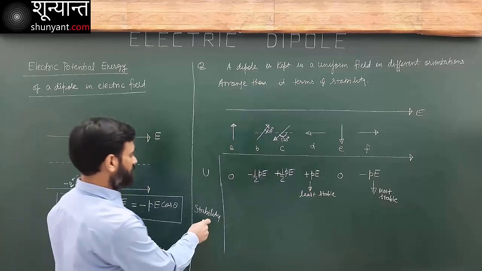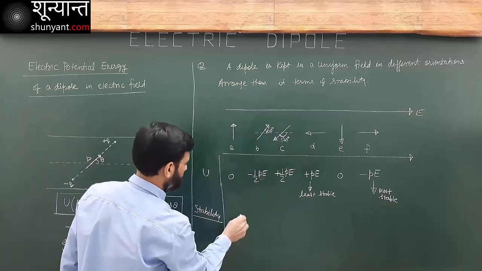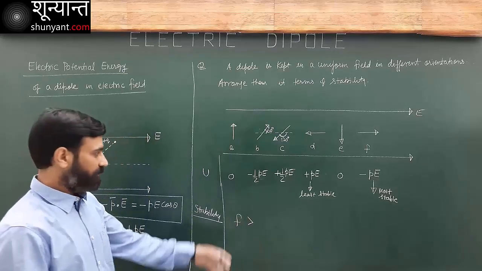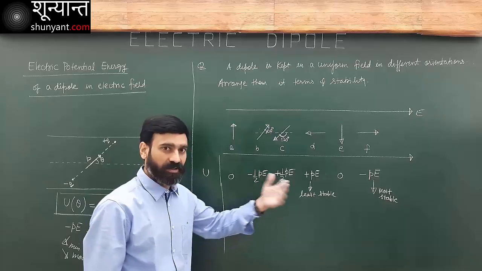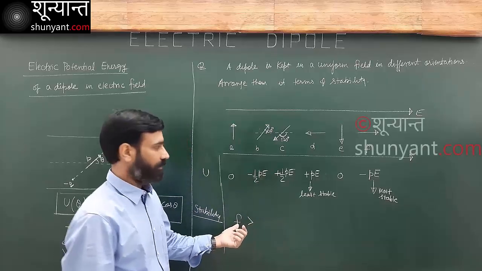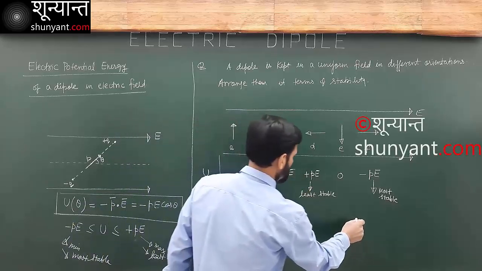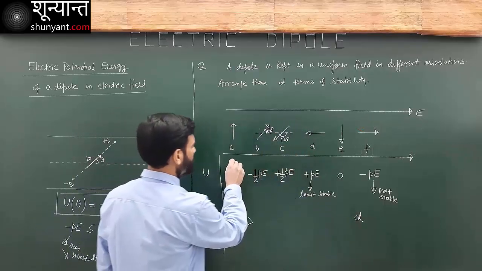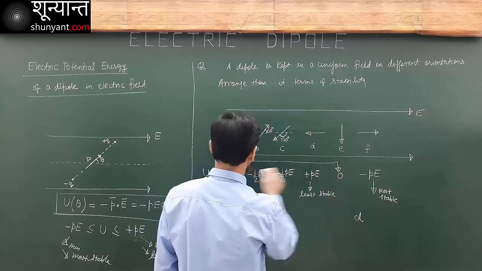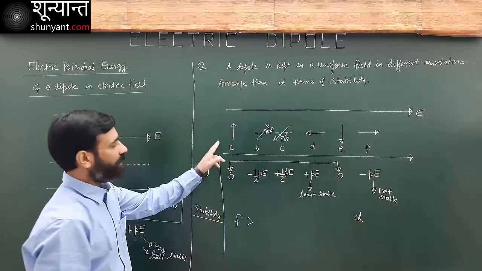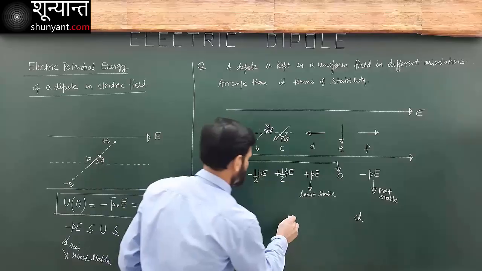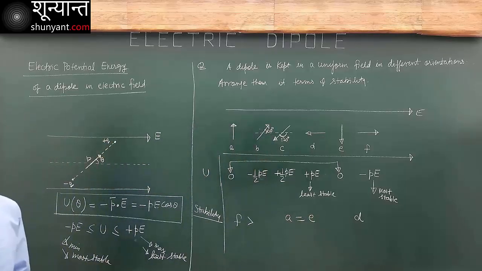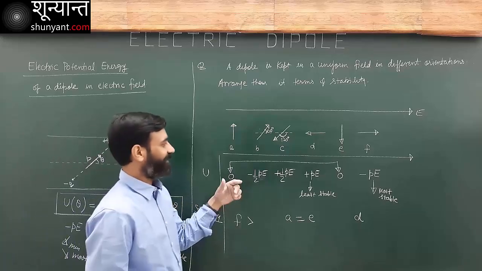Stability-wise, stability of F is more. Writing stability in decreasing order, F is the most stable. The least stable is B. A and E have equal stability. A is equal to E.